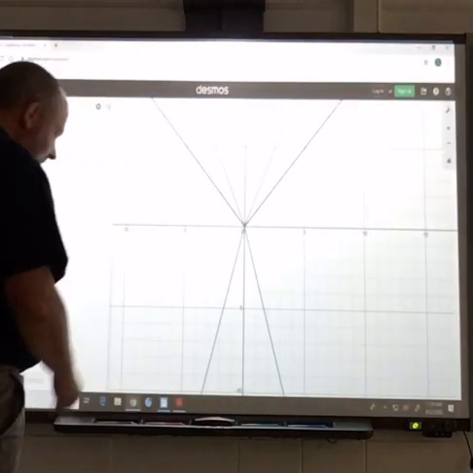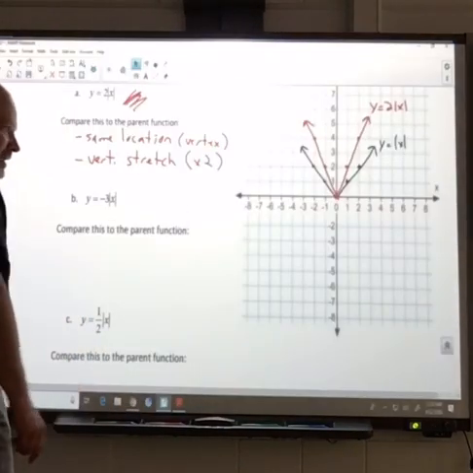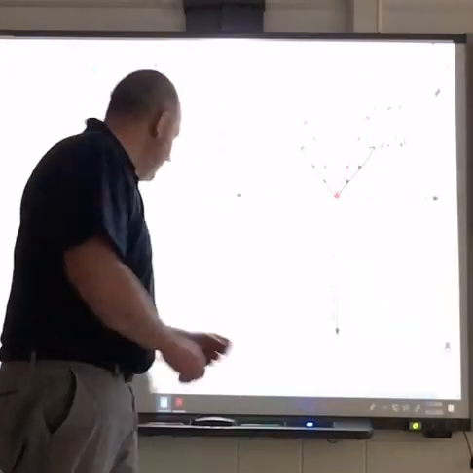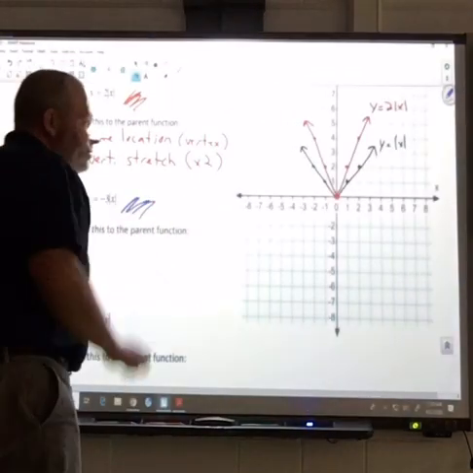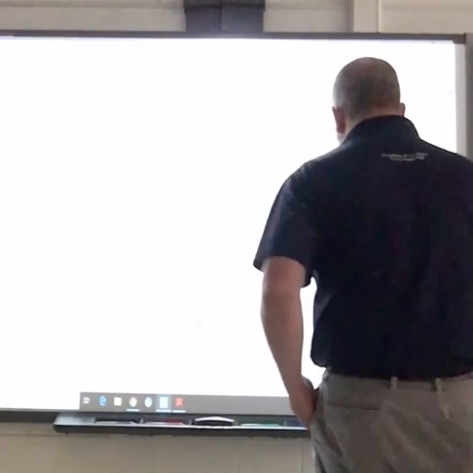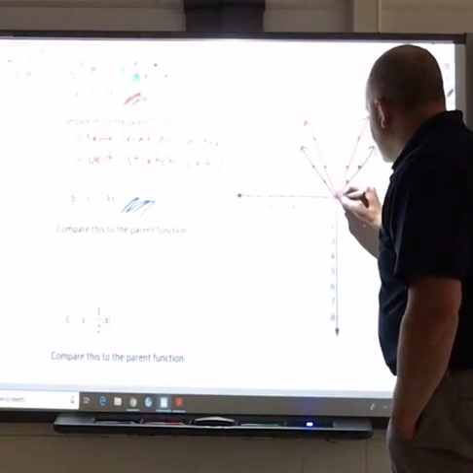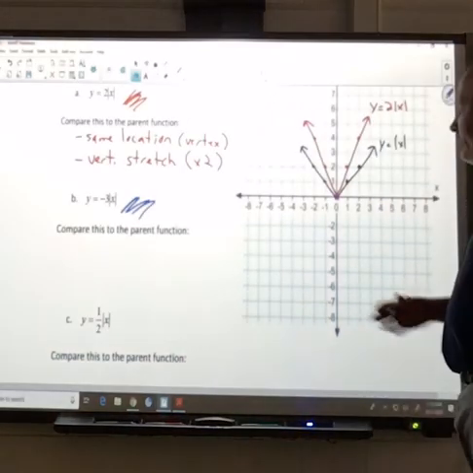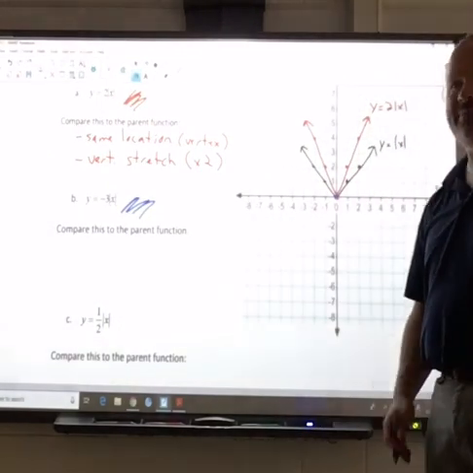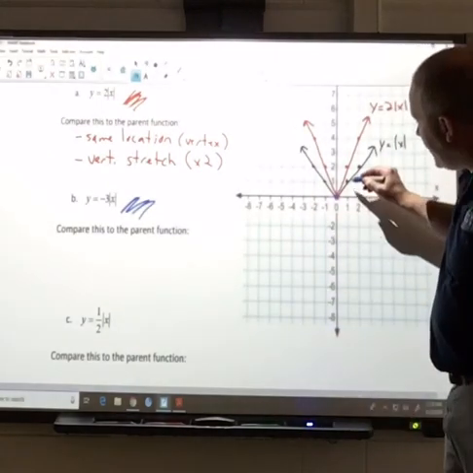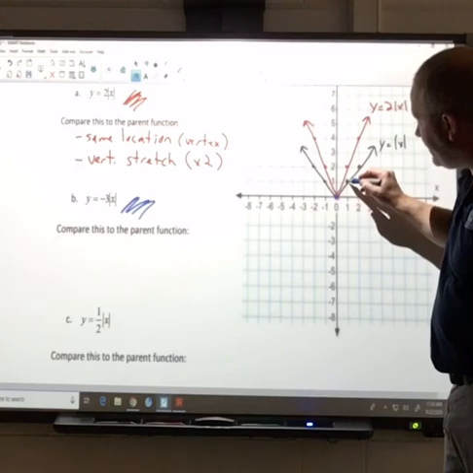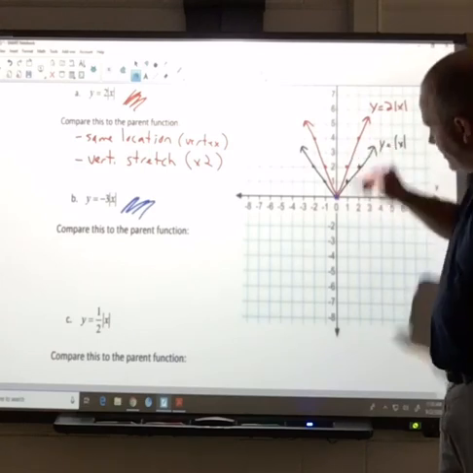Okay, so what has happened because of that negative 3? And again, it's done in blue, so we're going to use blue. This point here still stays the same, because it's 0 away, when you take 0 and you multiply it by negative 3, it stays the same. When you take this 1 and you multiply it by negative 3, it triples in size, but it goes to the other side.